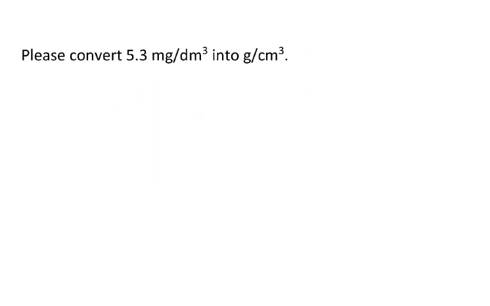To end, we'll do one more problem with density units that has both a numerator and a denominator. The units that go on the far left are 5.3 milligrams per decimeter cubed, and we want to convert that into grams per centimeter cubed. I'll start by multiplying by a conversion factor that has milligrams in the denominator so that milligrams crosses out.